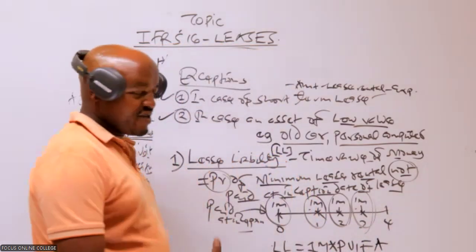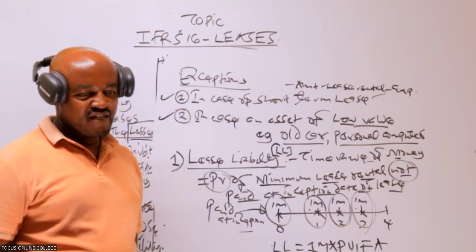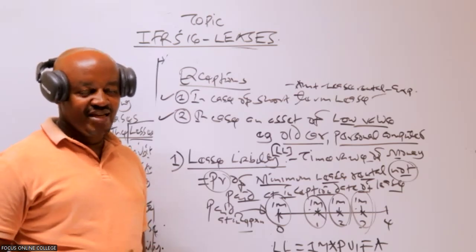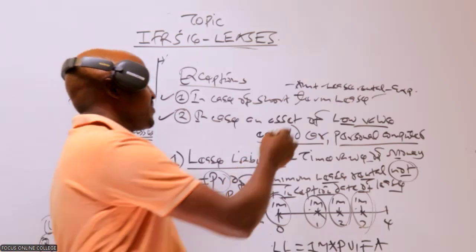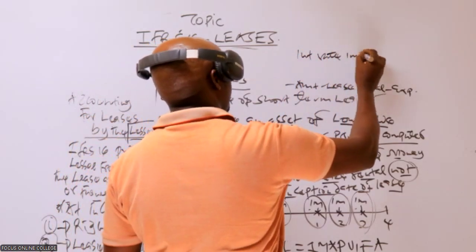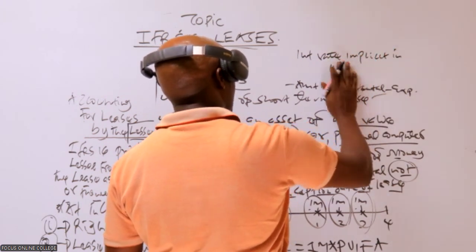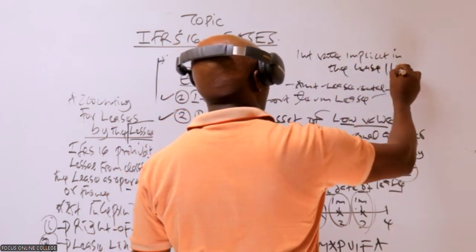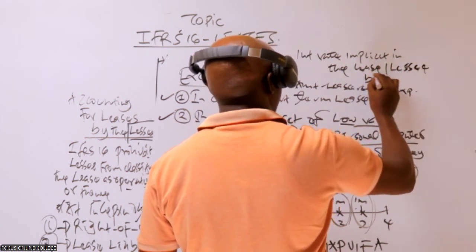And whenever you are discounting, you'll be given a certain interest rate, which is known as the interest rate implicit in the lease. In this question, for instance, the examiner will give you the interest rate implicit in the lease, or he can give you something called the lessee's borrowing interest rate.